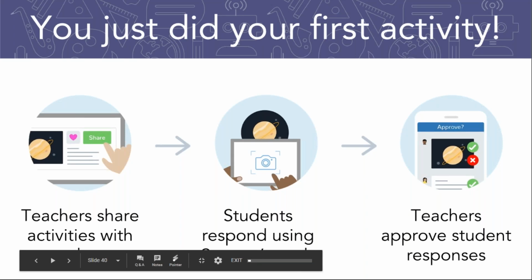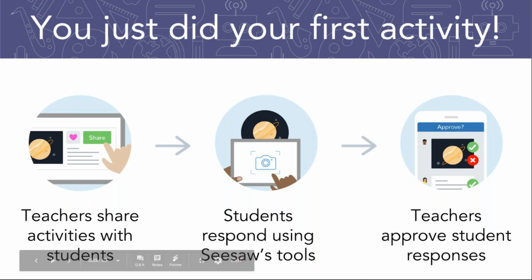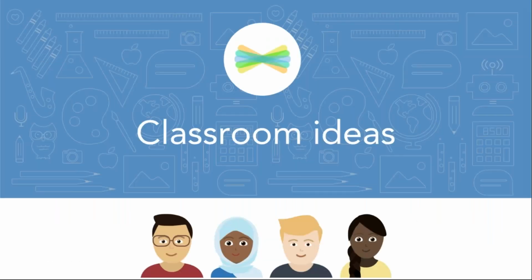That's the flow to the Seesaw journal: here's an activity, you do that activity, all right, I've approved it, I've seen it. And if families are connected, as soon as the teacher clicks approval, the families get notification as well. We'll dive into that a little bit later.